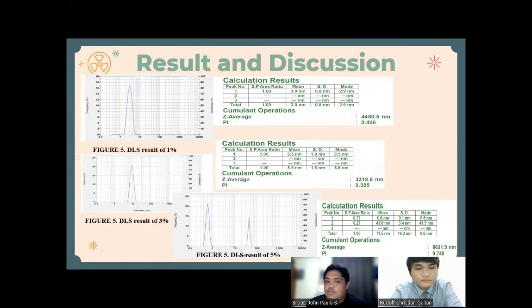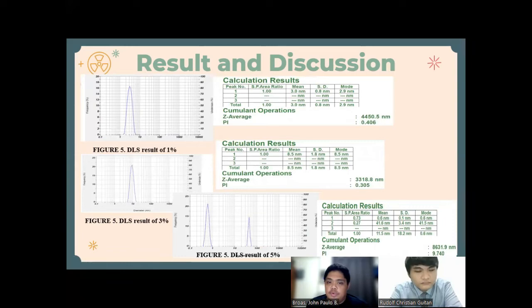Now for the doped samples of 1%, 3%, and 5% manganese-doped zinc oxide, obtained at 25 degrees with a scattering angle of 173 degrees, they show Z averages of 4,450.5 nanometers, 3,318.8 nanometers, and 8,631.9 nanometers.